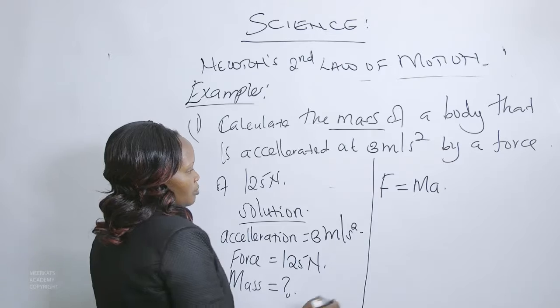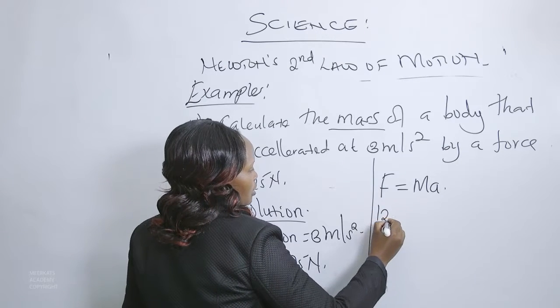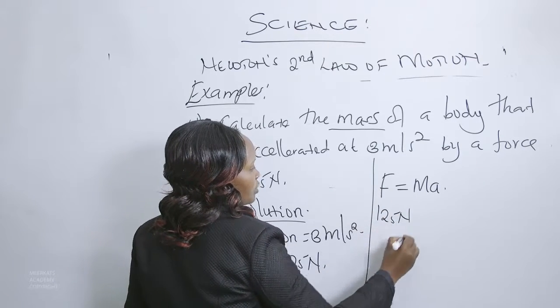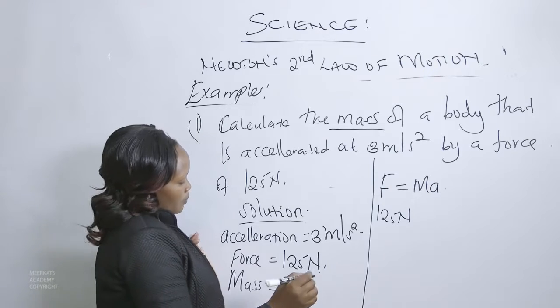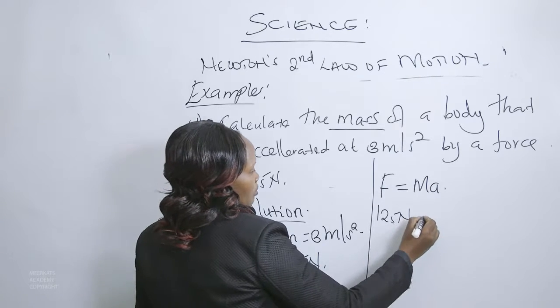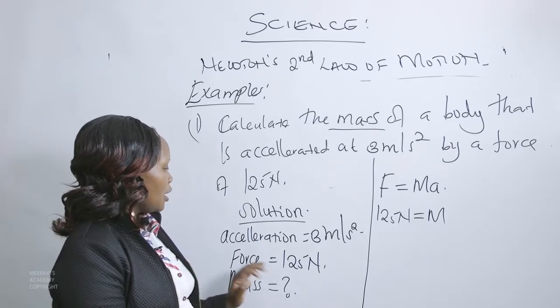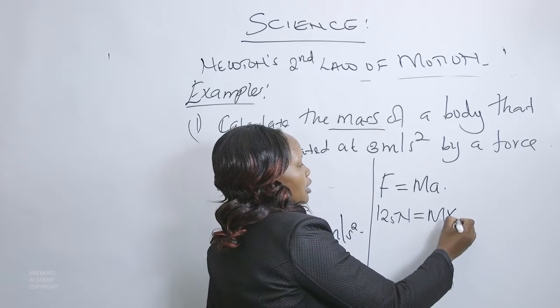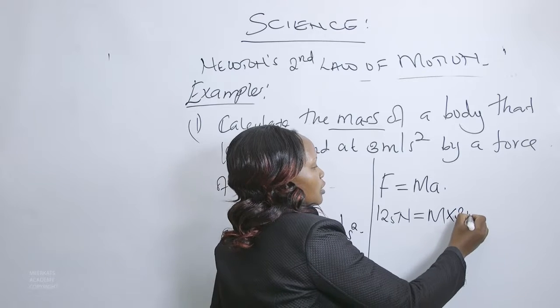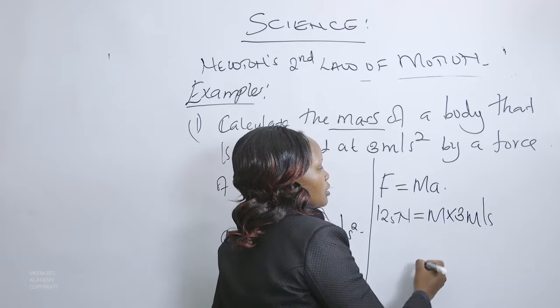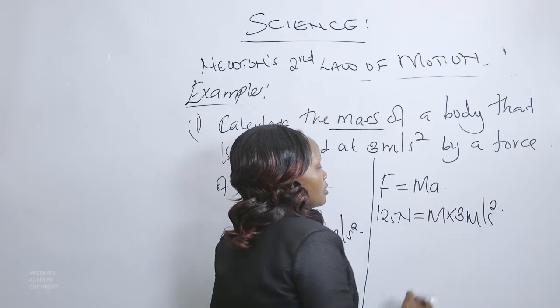Now, we have been given the force as 125 newtons. The mass we don't have, and A has been given as 3 meters per second squared.